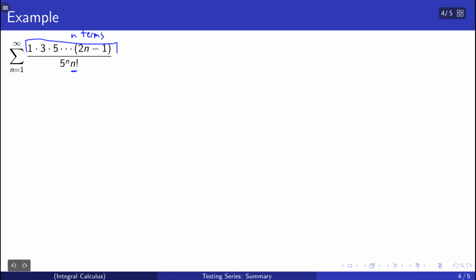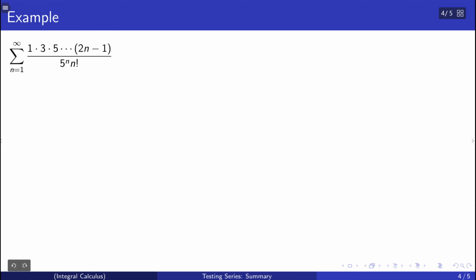So you have n terms here, you have n terms here inside n factorial. But the n terms up here are roughly double, term by term, those in n factorial. But then you have that 5 to the n term here. That balances that out, which tells me that the denominator is going to be growing faster than the numerator. So this is probably going to go to 0 when I look at the limit.